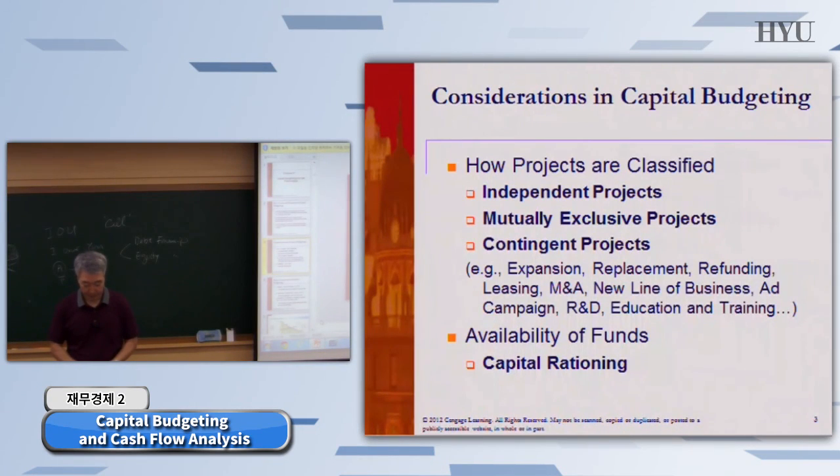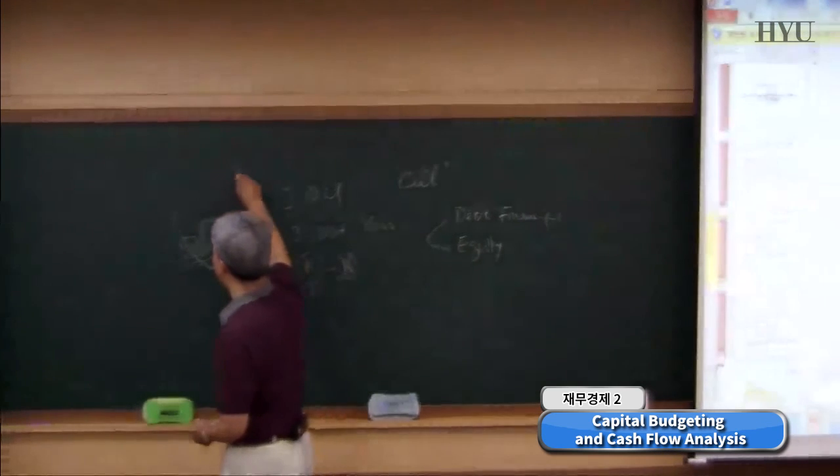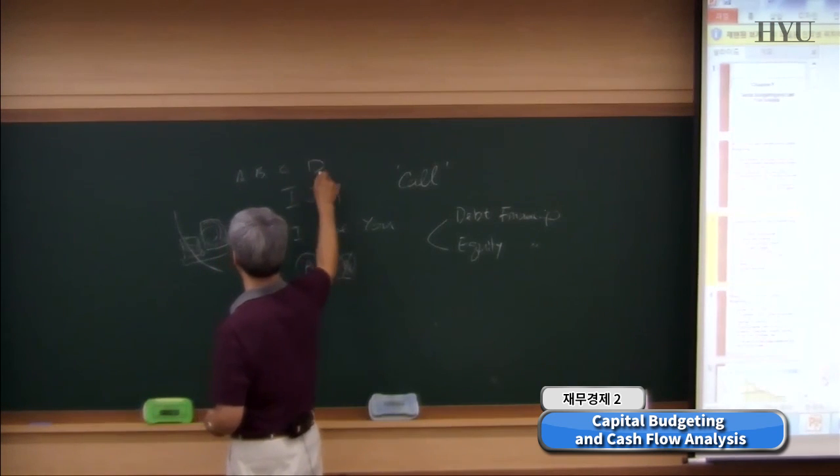Availability of funds. Well, capital rationing refers to the situation where a company does not have sufficient fund to undertake all the projects that they desire, right? So they may have some list of projects A, B, C, D, right?